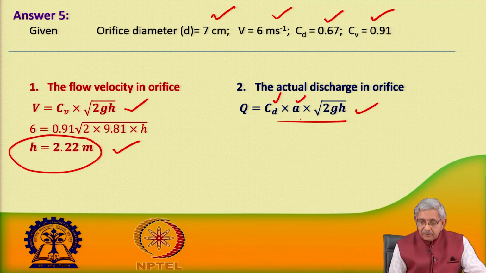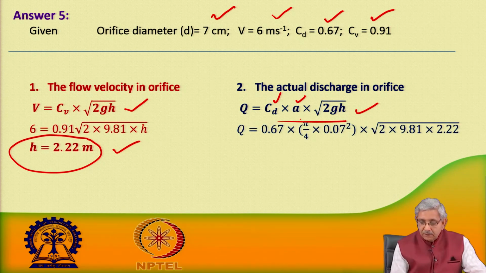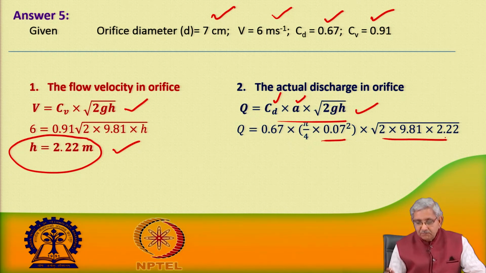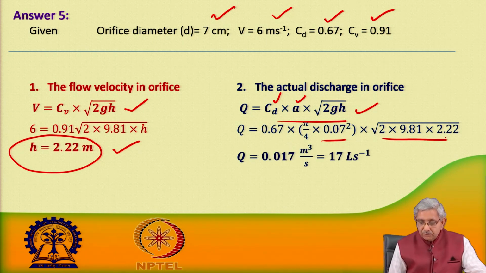The area is given by pi by 4 d square, that is pi by 4 into 0.07 square.